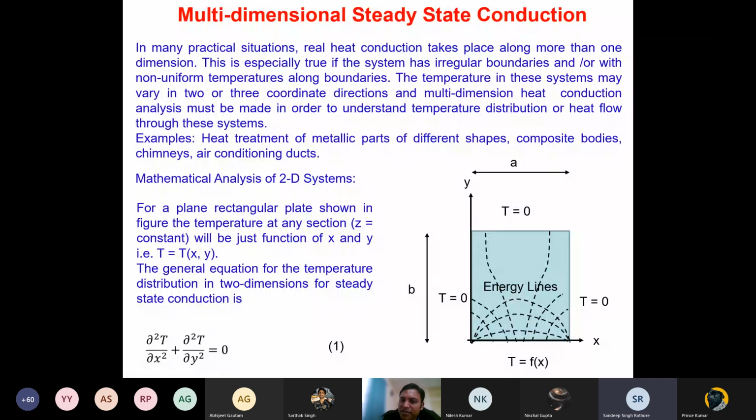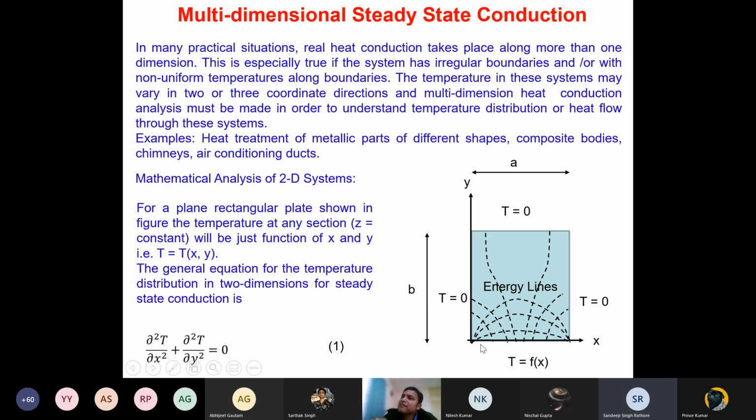Okay, so the problem is clear to you. There is a flat slab. Only the temperature is changing along this slab on this x-axis, and we are interested in finding out how my temperature is going to vary across this flat slab. We are trying to solve a two-dimensional system. So we are only interested in how my temperature profiles are going to vary across this xy plane.